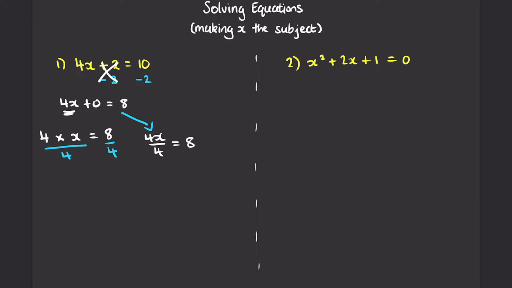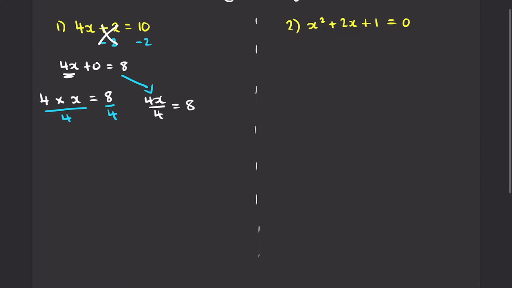With both of these, we can see that 4 is eliminated by 4, because 4 divided by 4, or asking how many 4's go into 4, is simply 1. So we have 1x on the left-hand side. On the right-hand side, we have 8 divided by 4.